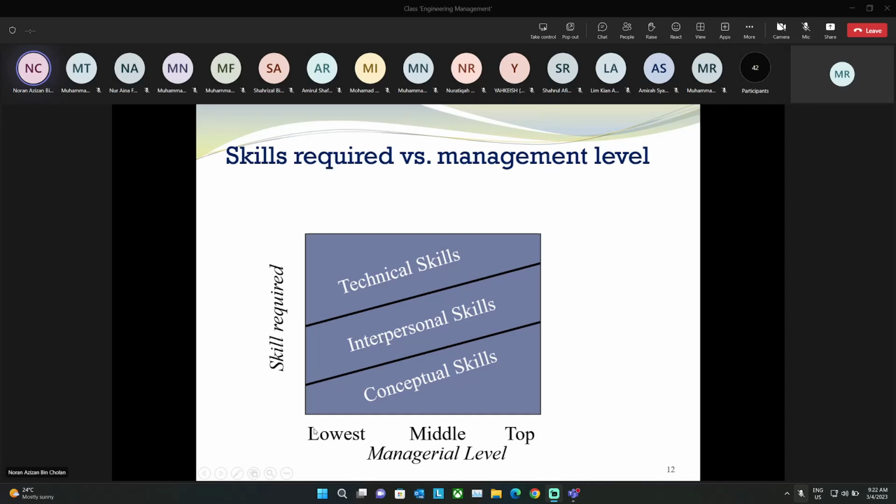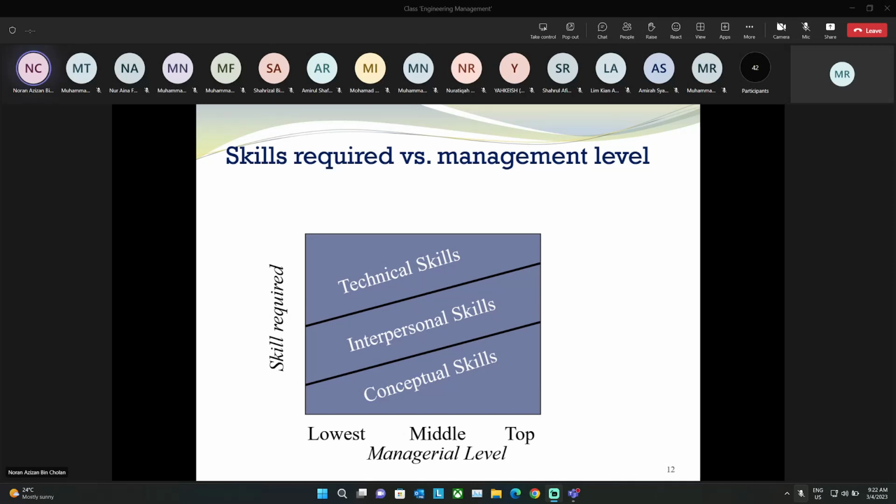If we see here, for the lowest manager, for example, an engineer, they need more technical skill. For example, how to lay out the fiber, and also how to measure the power from the transmitter to receiver. So they need more of that.